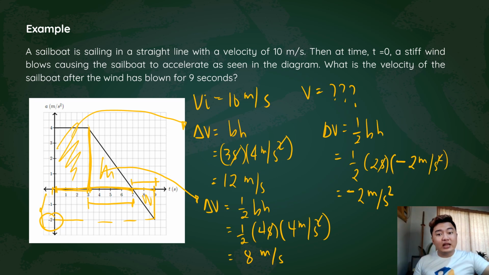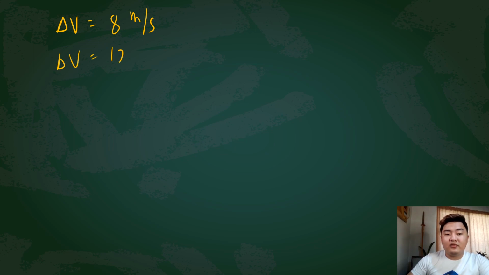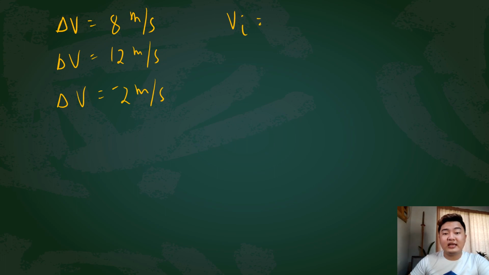But we still need to add all of those up. So to add all of those up, we have the change in velocity: 8 meters per second, 12 meters per second, and negative 2 meters per second. Now, the initial velocity is 10 meters per second.